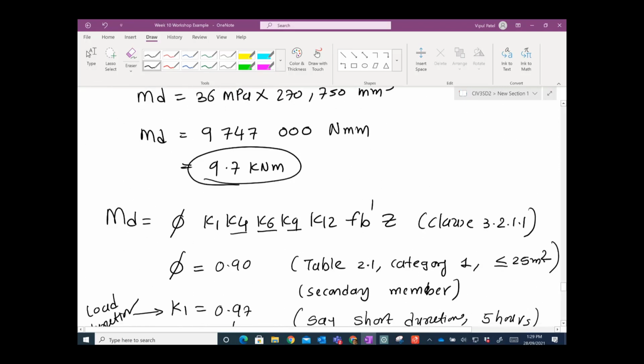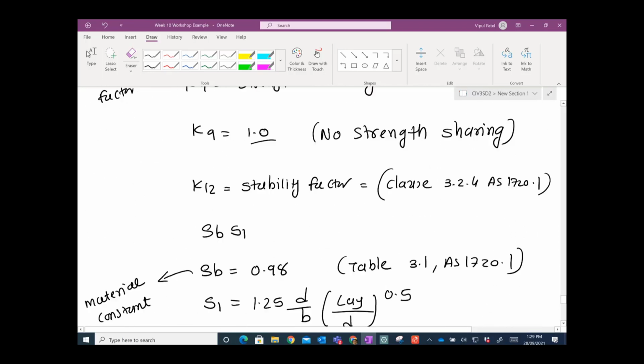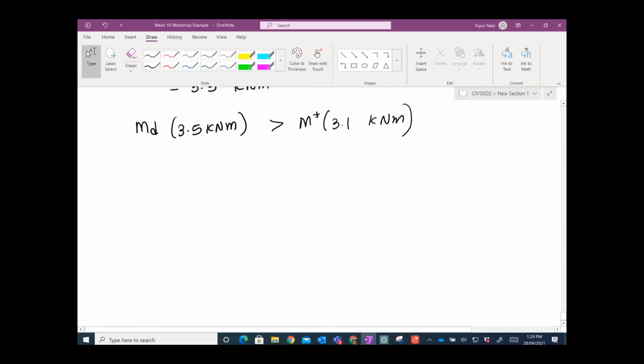Look, here you have 9.7 kilonewton meters without any of these factors. How much penalty? 3.5 divided by 9.7, you get a significant reduction, about a 64% to 65% penalty coming from those factors.